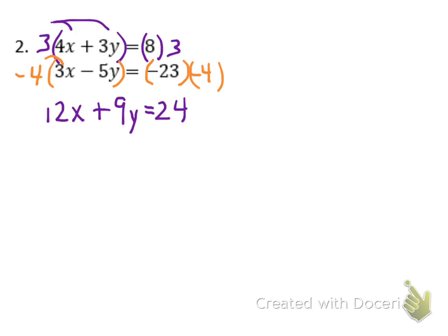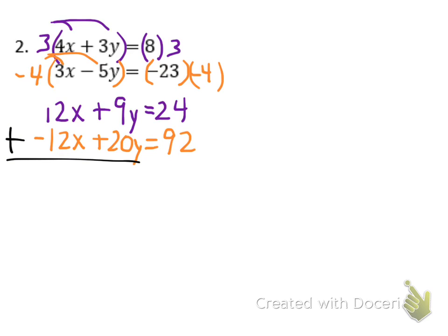Negative 4 times 3x is negative 12x. Negative 4 times negative 5y is positive 20y. Negative 4 times negative 23 is positive 92.